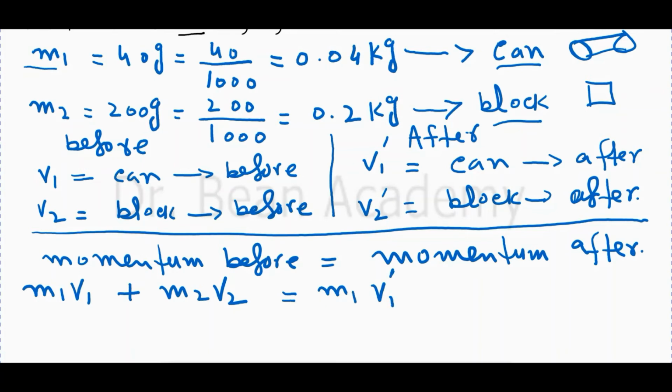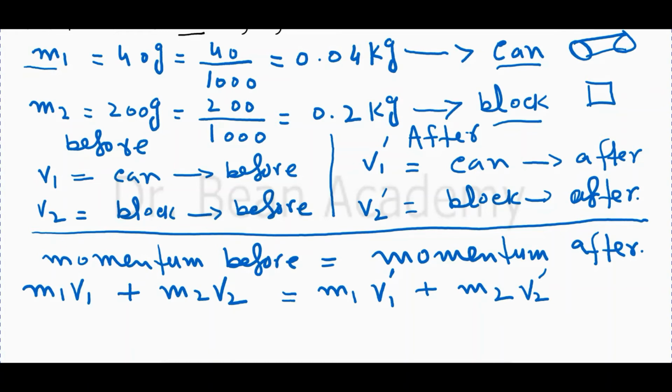After the explosion the mass remains the same, so I am using m1, but now the velocity has changed when the can explodes, so m1 v1 prime plus m2, the mass of the block, and v2 prime. So this is the law of conservation of momentum: the momentum before and after the event is equal for a system.